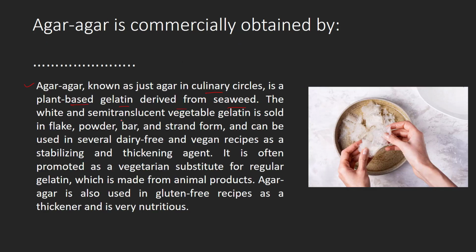This is white and semi-translucent vegetable gelatin, sold in flake, powder or bar and strand form, and can be used in several dairy-free and vegetarian recipes as a stabilizing and thickening agent, and is promoted as a vegetarian substitute for regular gelatin, which is made from animal products. So it can be used as a substitute by vegetarians where gelatin made from animal product is not allowed.